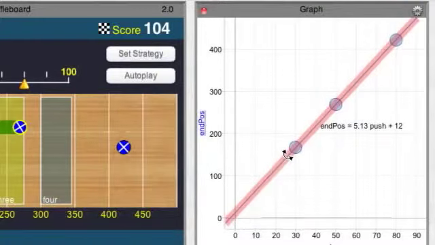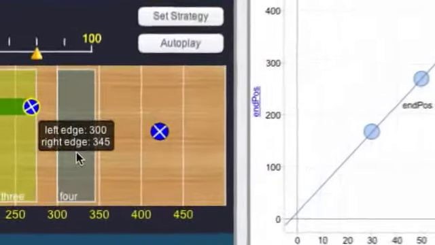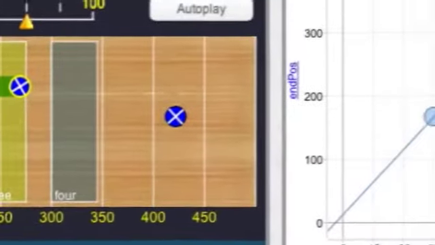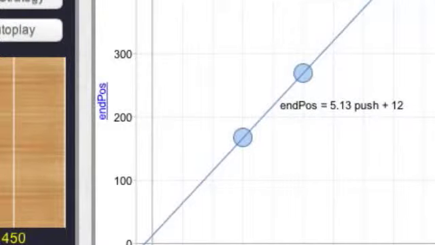If you have a line through some data on the default graph, you can use the equation of the line to calculate the push. For example, suppose I want to get the 4th pad whose right edge is at 345. So I know end pause, the ending position, is supposed to be 345 or a little less.